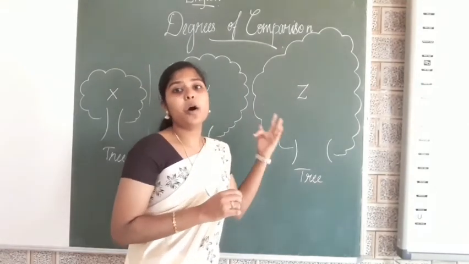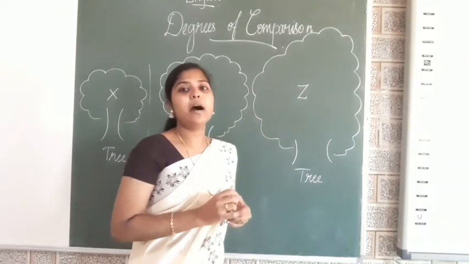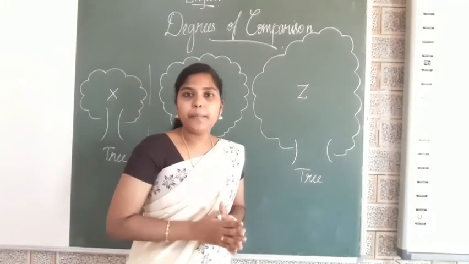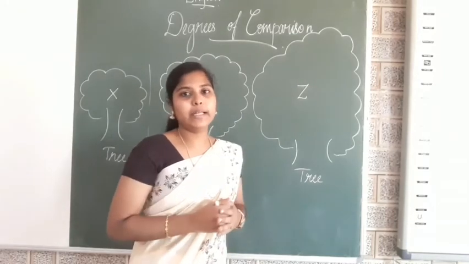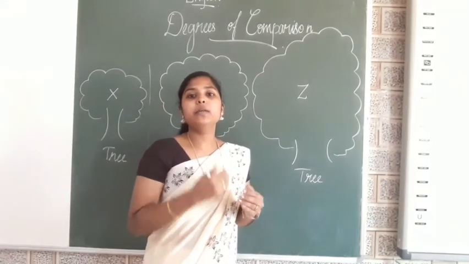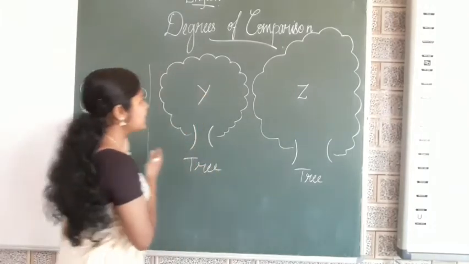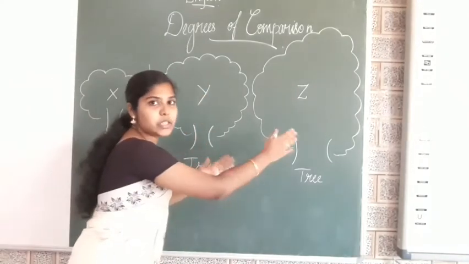There are three forms or three types of degrees in adjective. They are positive degree, comparative degree and superlative degree. Now, I am telling something about positive degree. How? I am not comparing this tree with any other tree.